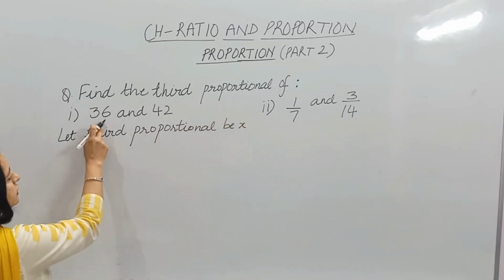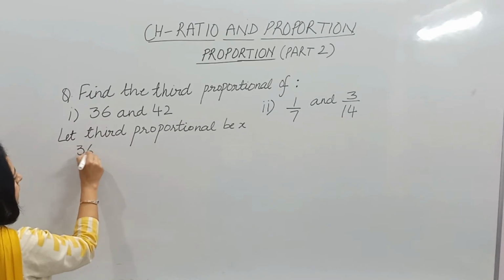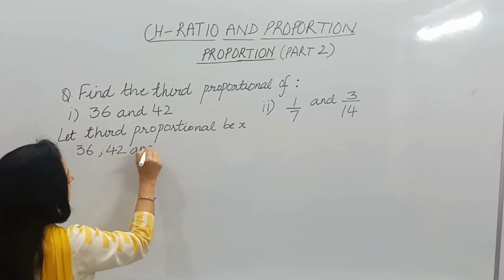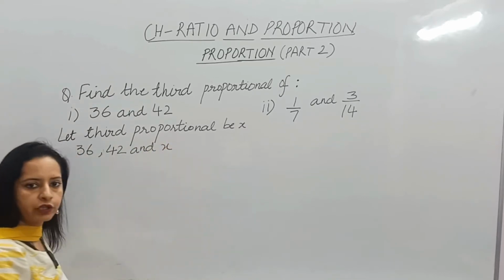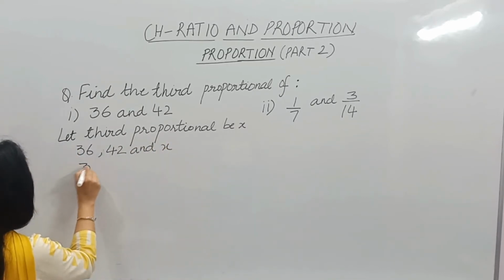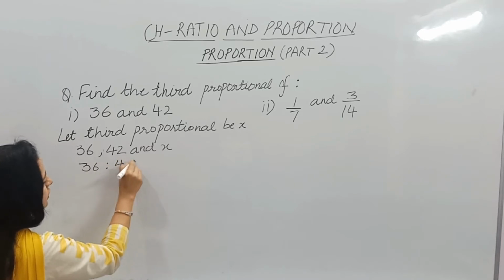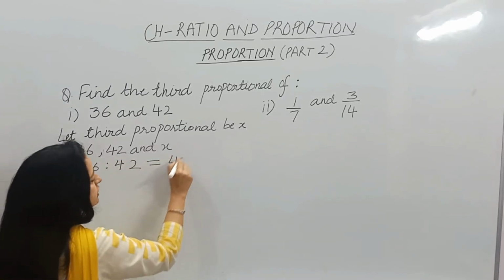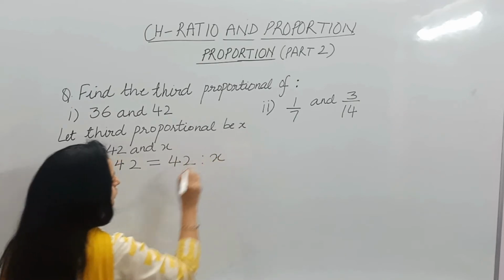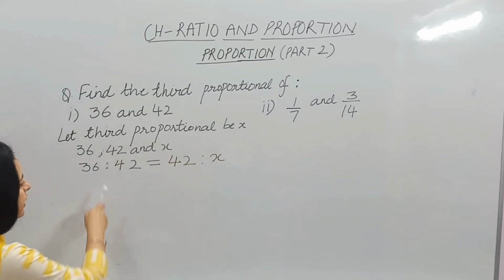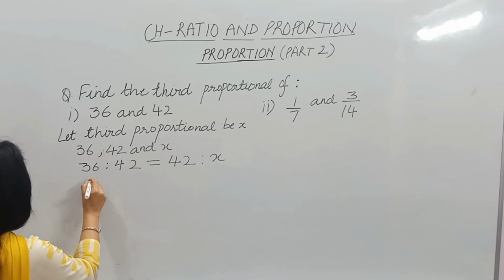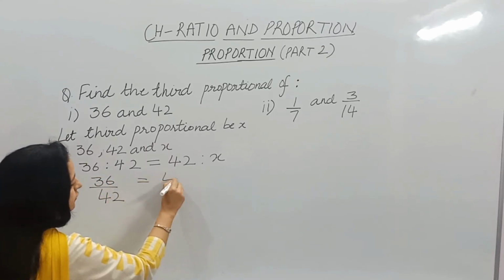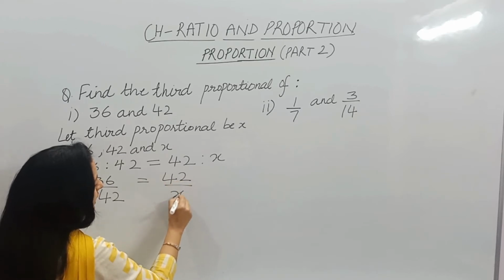So we have 36, 42 and x in proportion. That means the ratio between the first and the second quantity is equal to the ratio between the second quantity and the third quantity. Now we can write it in fraction form: 36 upon 42 is equal to 42 upon x.